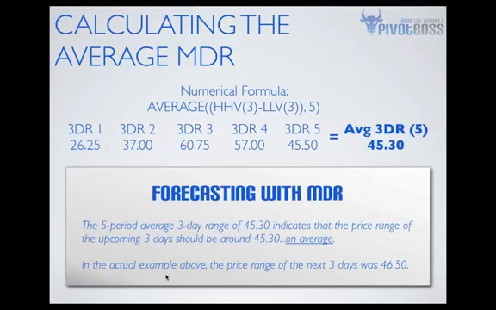In the actual example above, this was taken from the ES several months back, the price range of the upcoming 3 days was actually 46.50. So we were able to identify the price range of the upcoming 3 days in the future with a very high degree of certainty, within 1.2 points. That is fantastic. And that's the power of forecasting with average price range.